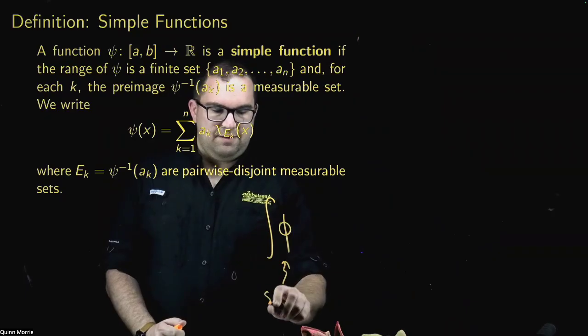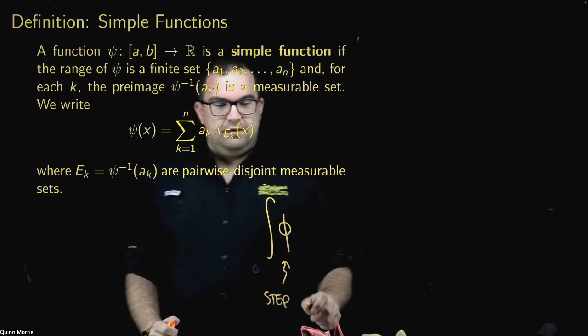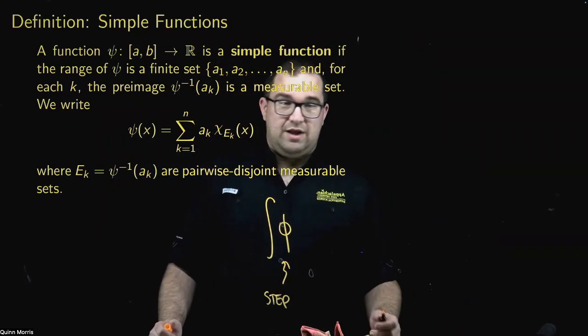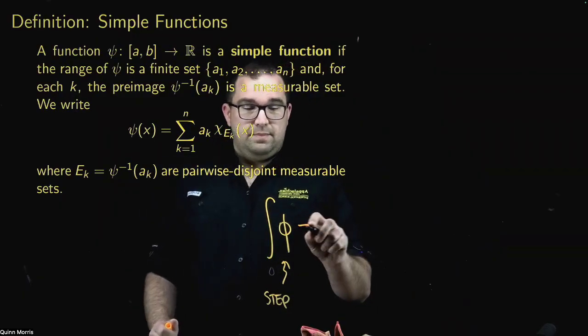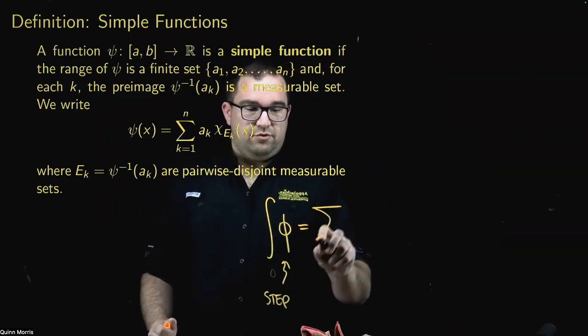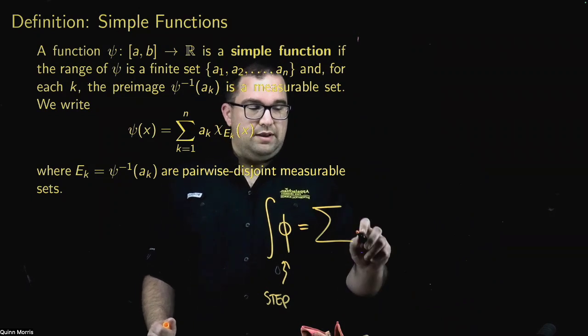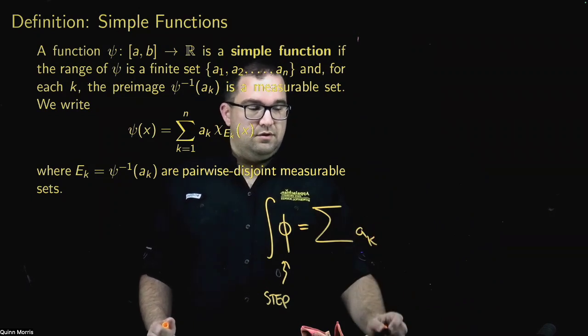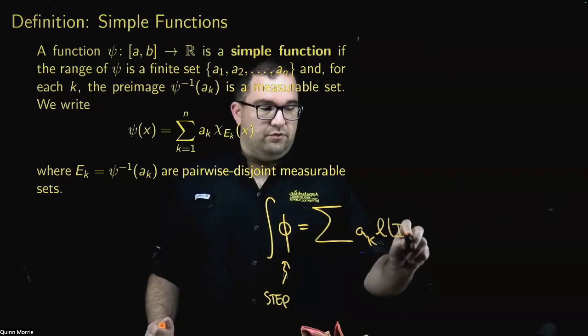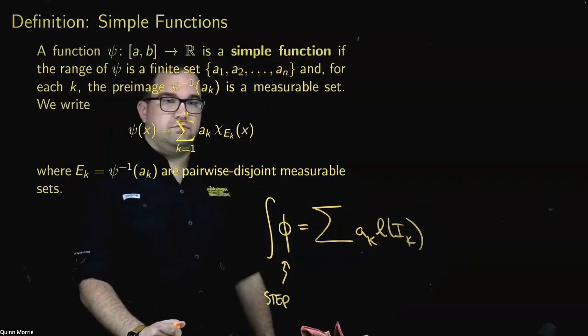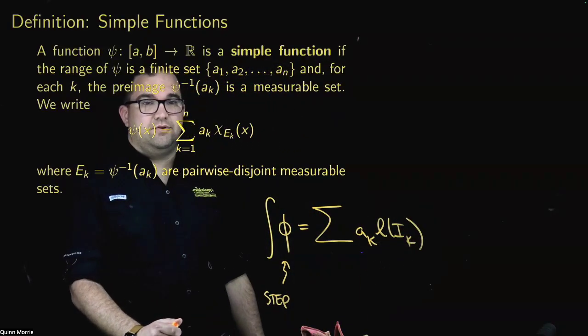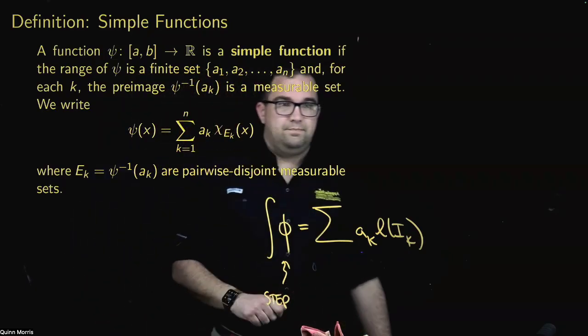It's pretty easy. Step functions are actually Riemann integrable. What I get back for the integral of a step function is its height times the length of those intervals. That's just the Riemann integral, the value of the Riemann integral.